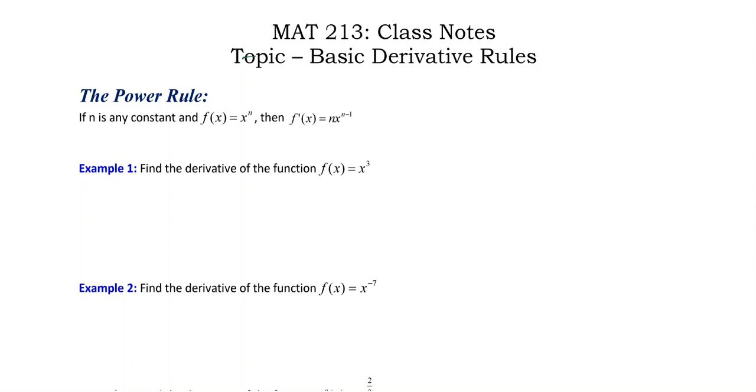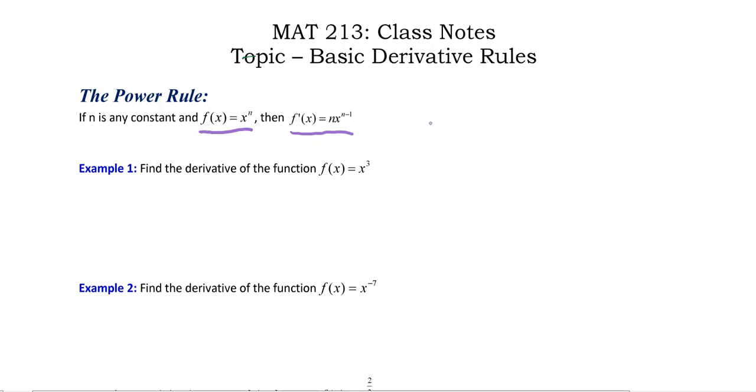The first of these rules is the power rule. The power rule says that if we have a function f of x is equal to x to the n power, then the derivative f prime of x is equal to n times the variable x to the n minus 1 power.